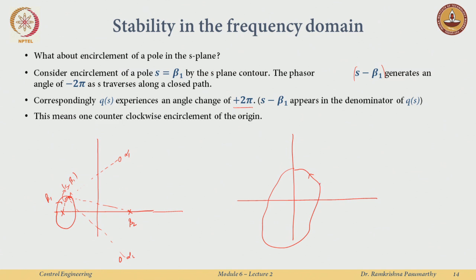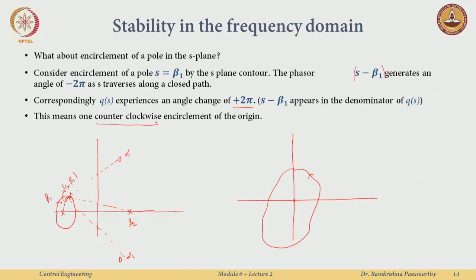You see that the angle always becomes a minus when I am talking of the angle of a pole. And this means I encircle the origin once in the counterclockwise direction now. Again, we will not really see why exactly we are encircling the origin; it is based on the same arguments as before.